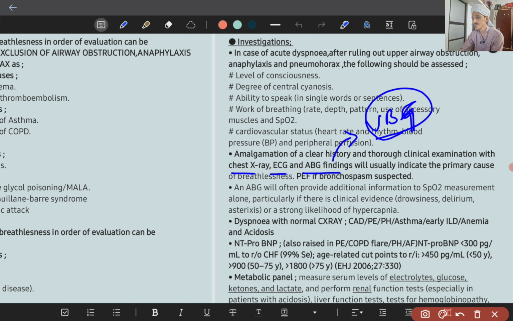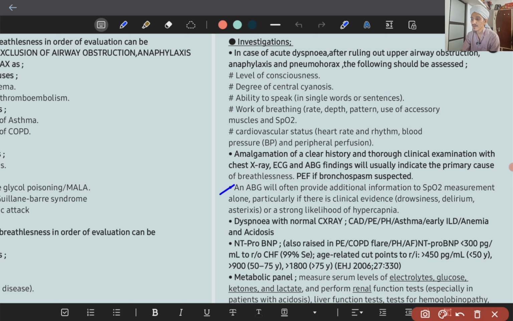Chest X-ray, ECG, and VBG will usually indicate the primary cause. You can also use peak expiratory flow meter if you are suspecting asthma to measure the quantity of breathlessness.